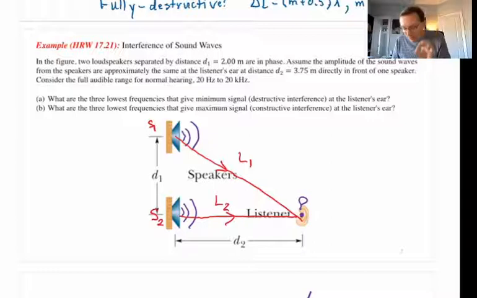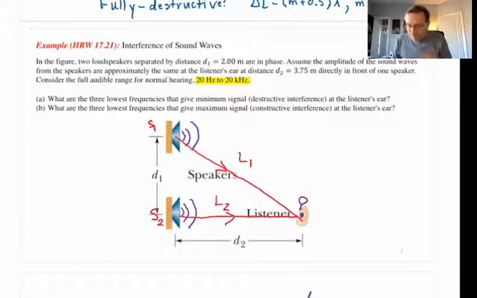It's emitting a single frequency, each speaker, F. And we're to assume that that frequency can be varied and can be anything in this range: 20 hertz at the low end to 20 kilohertz at the high end, 20,000 hertz. That is the roughly typical audible range for normal human hearing.